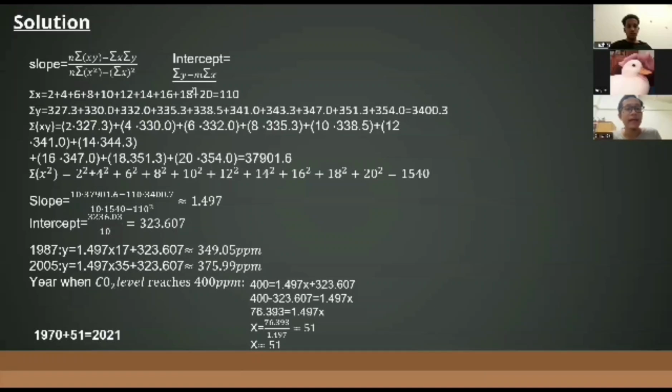To find sigma x squared, it equals 2 squared plus 4 squared plus 6 squared plus 8 squared plus 10 squared plus 12 squared plus 14 squared plus 16 squared plus 18 squared plus 20 squared, which equals 1,540.